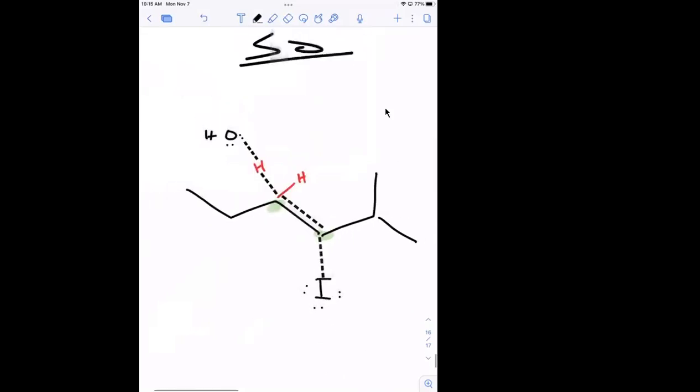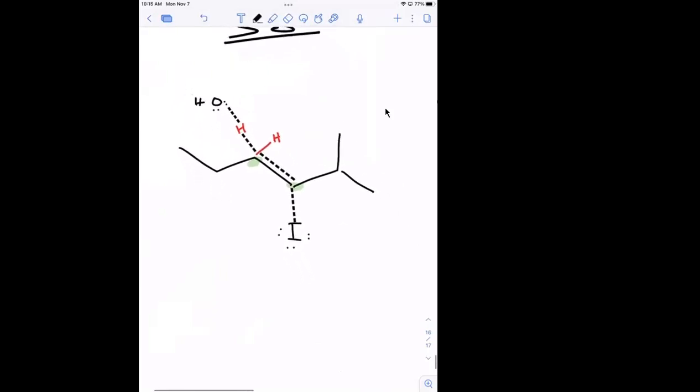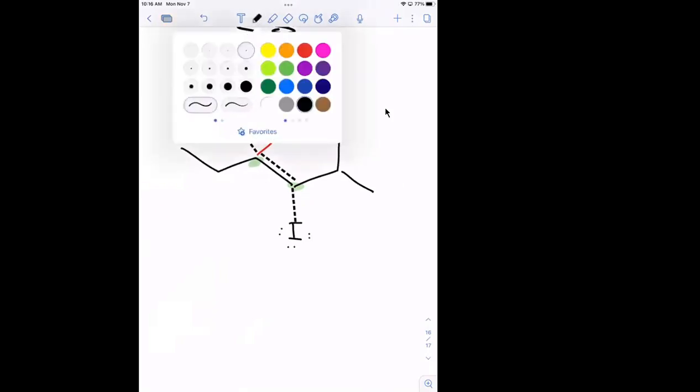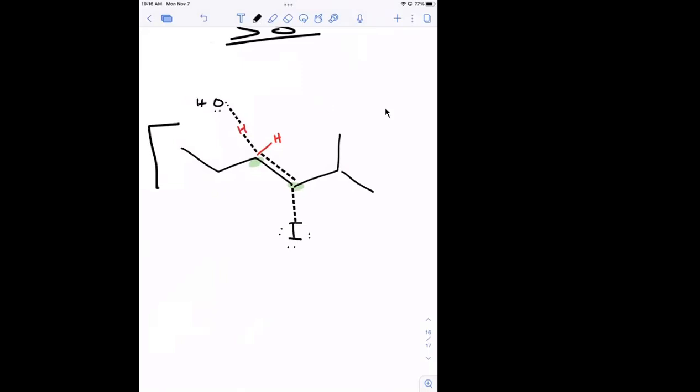So that's what the transition state is going to look like: a partially broken bond between C and H, a partially formed bond between carbon and carbon, a partially broken bond between C and I, and a partially formed bond between O and H. So I want to put this in brackets. Double dagger. So this is my transition state.